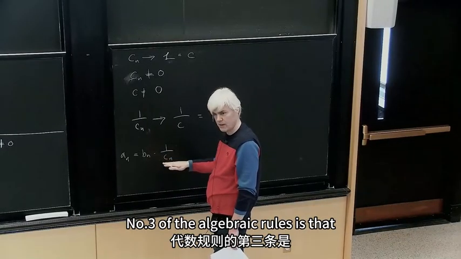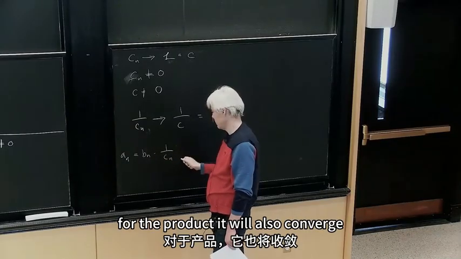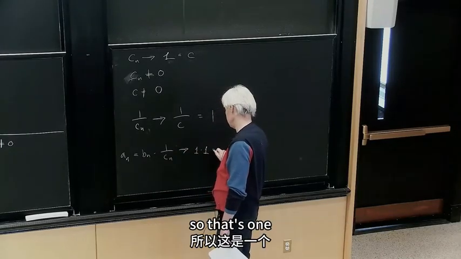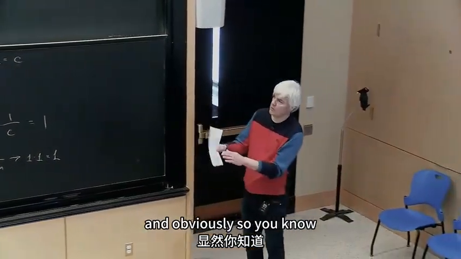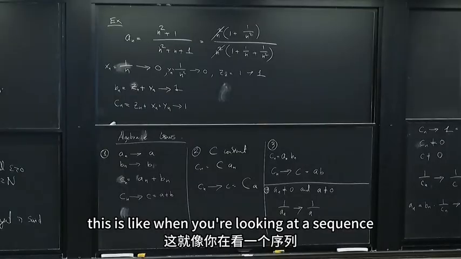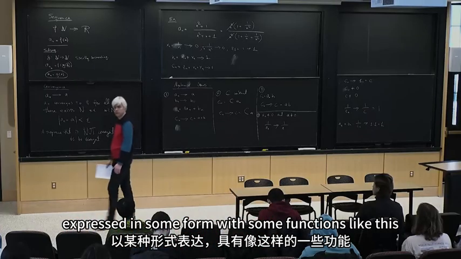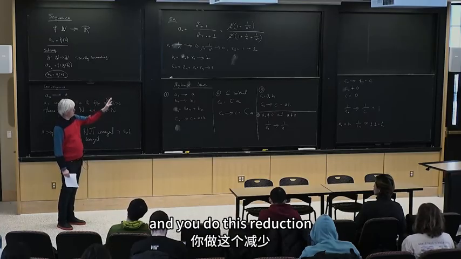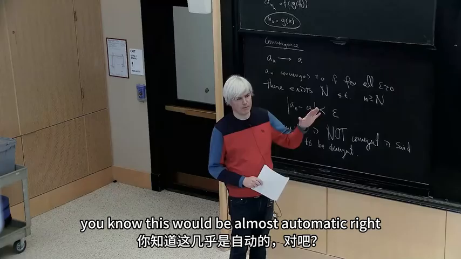Number 3 of the algebraic rules is that for the product, it will also converge, and it converges to the product of the limits. So that's 1. Obviously, when you're looking at a sequence, it's often expressed in some form with functions like this, and you do this reduction, and very quickly this would be almost automatic.